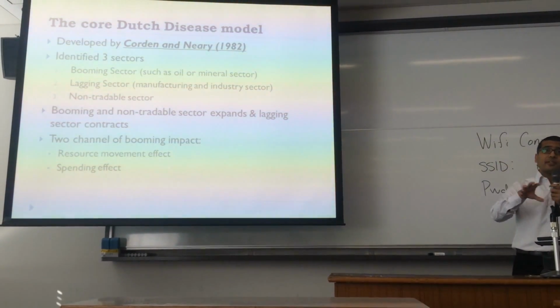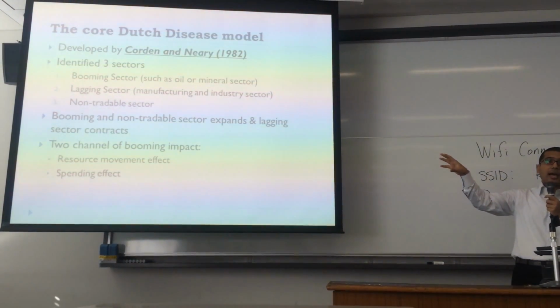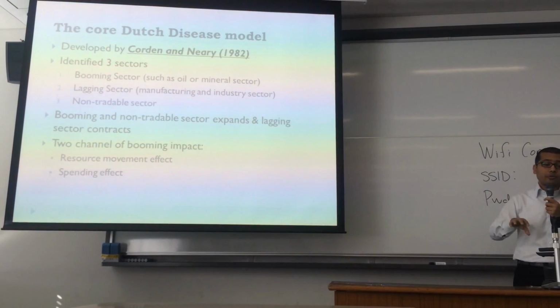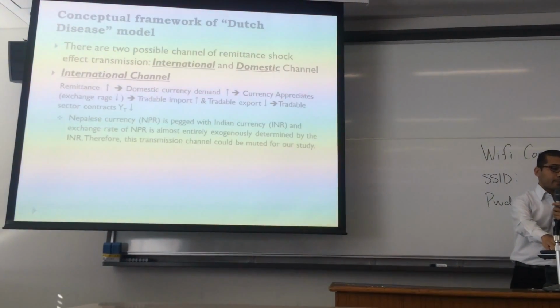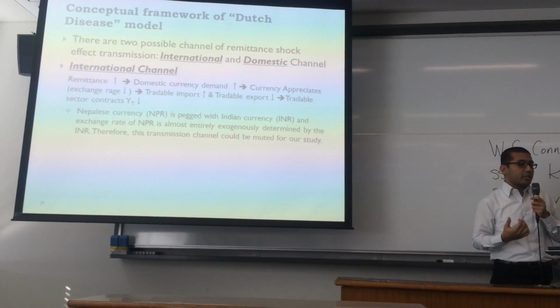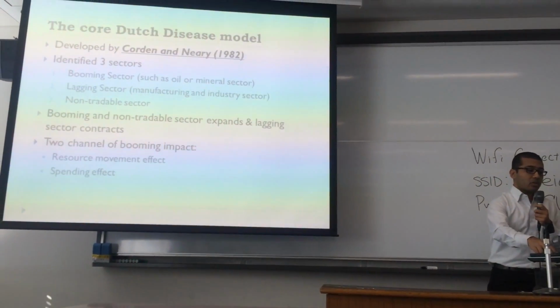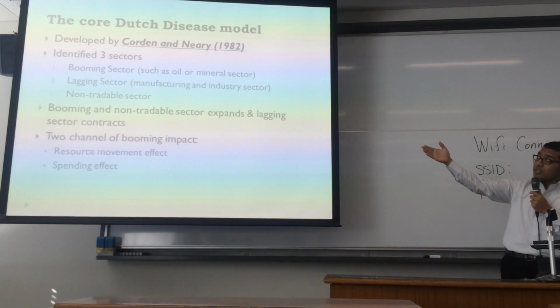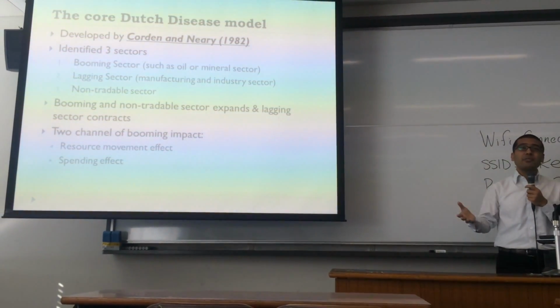So on the basis of this core Dutch disease model, I'm going to explain about my country. Here, there is a booming sector, but we don't have such a booming sector.